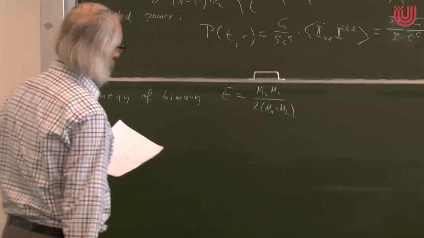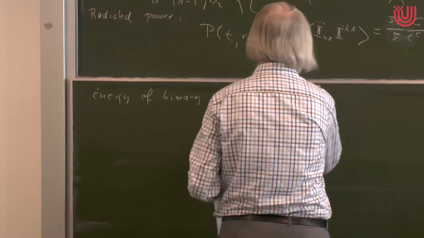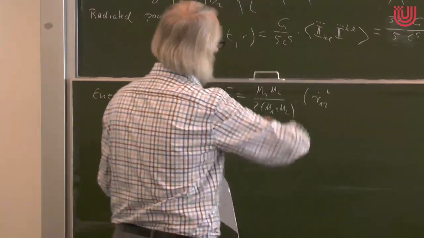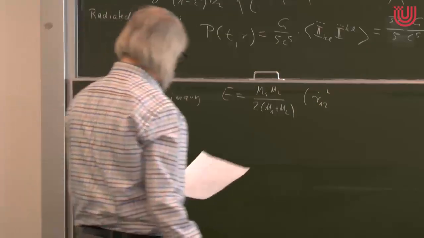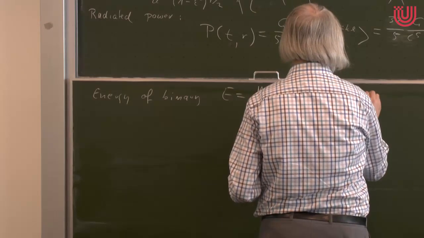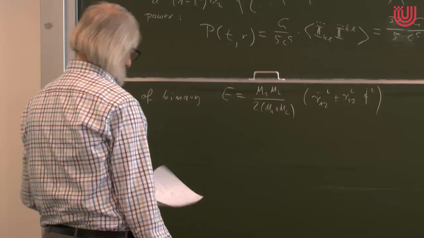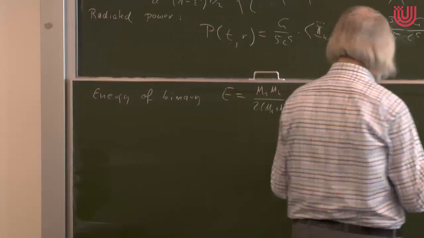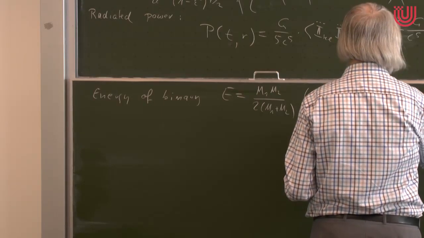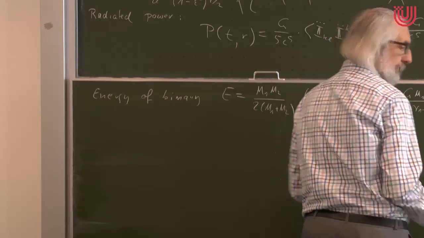This is the reduced mass, right? Times r12 dot squared, where r12 was this relative coordinate, the distance between the two stars, plus r12 squared phi dot squared. That's the kinetic energy. And then we had in the Lagrangian with a minus sign, and now with a plus sign, the potential energy, as a function of r12, of course.